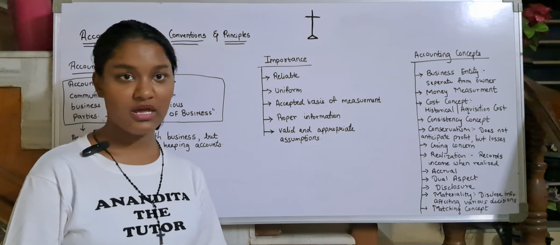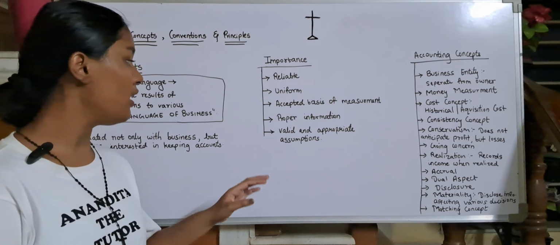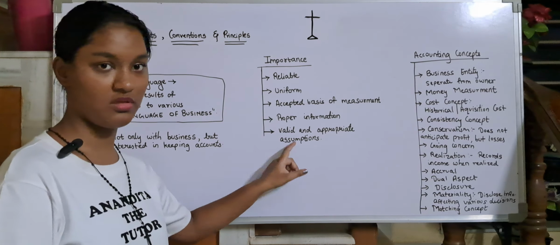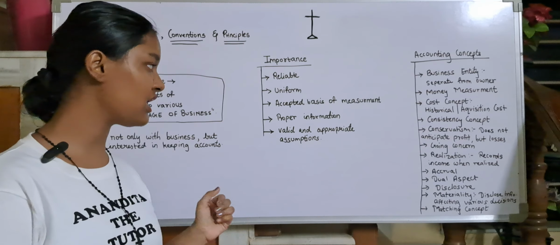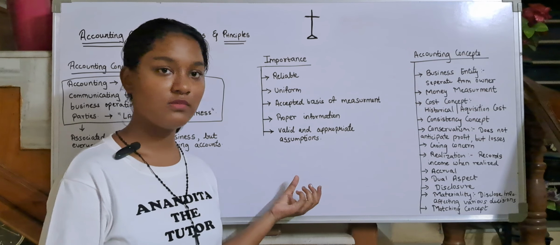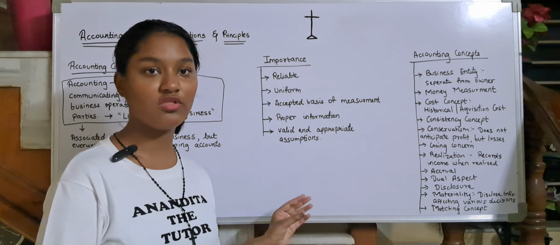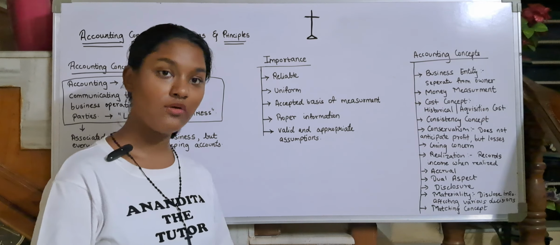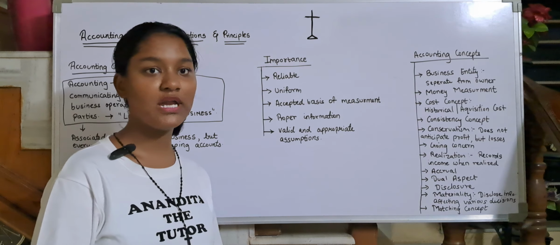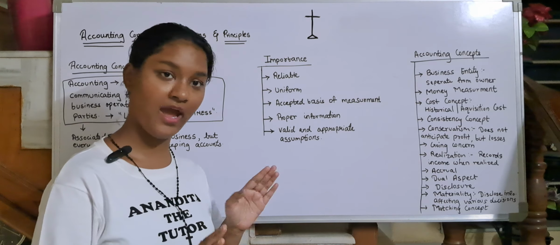It gives exact information of all the business operations. And the last importance is valid and appropriate assumptions. It's accurate in nature. Assumptions in a sense: whatever profit there is, we do not anticipate it, we are not assuming anything. We say only what has happened. Exactly, we are communicating what has happened. We are not anticipating that this will happen or that will happen. Not will happen, this has already happened.